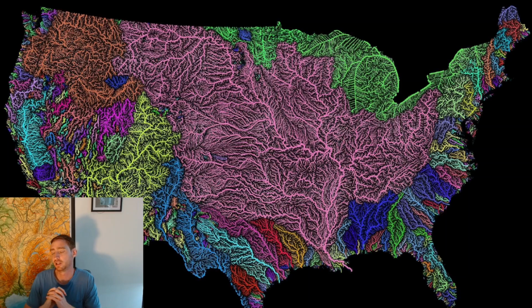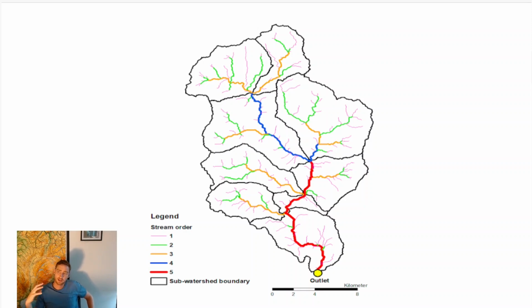Now, the particular drainage system that we're looking at is part of the Guadalupe River Basin, which is here visible in light blue. Now, a drainage basin can be further separated into sub-basins.